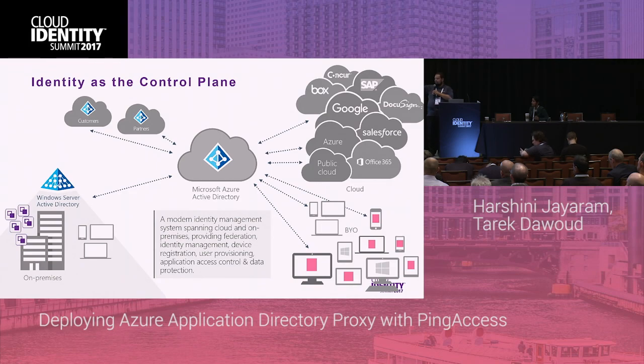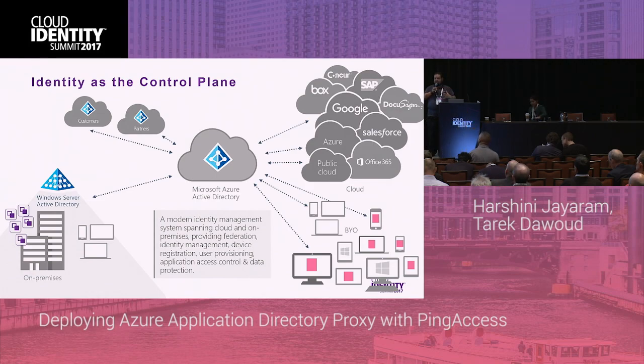Your reality is going to be that you have on-premises things, and you have SaaS, and you have cloud things, and then you have identities coming from customers and partners, all of them trying to get through an untold number of devices to your resources. And we'd like Azure Active Directory to be in the center of all of this to give you that central control plane, so that you don't have to remember to delete Bob from Salesforce when you fire him in AD, or that when you put an MFA policy to secure your CIO on Office 365 and Exchange Online, you don't have to also do some equivalent hacky solution when he's trying to get to this on-premises app.